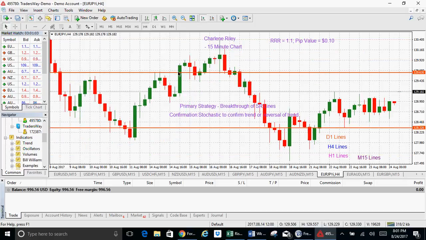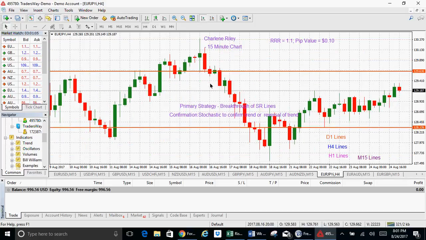Now, next we go to the 4-hour chart, and I see a definite line of support and resistance here. So let's plot that.